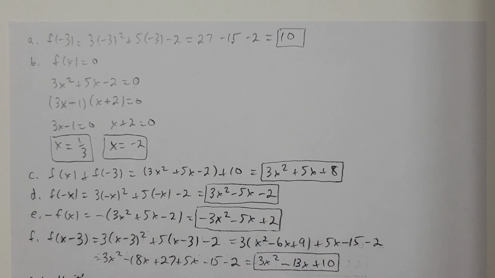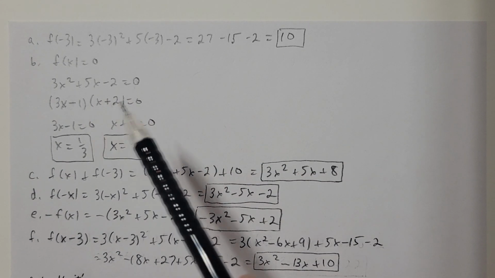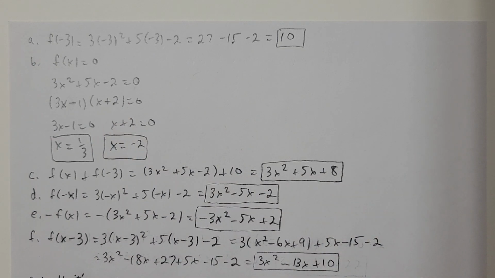By the way, you'll always have two answers whenever you're solving a quadratic, something like this function, where you have the form ax squared plus bx plus c. Again, more on that later once we get there.